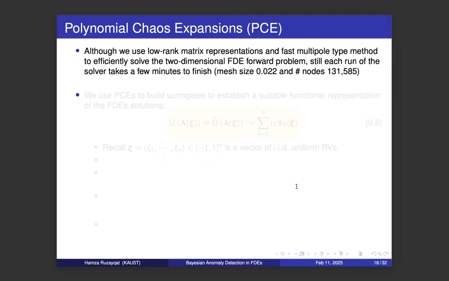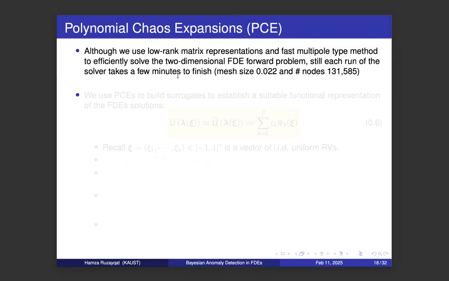Although we do some cost reduction in the memory and operations, still when we, for example, use a mesh of size 0.02 and consider 3 refinements of the mesh, which will end up with 131,000 nodes, the solver will take several minutes to finish. And you can imagine if you want to run MCMC 100,000 times, then this will take months to run.